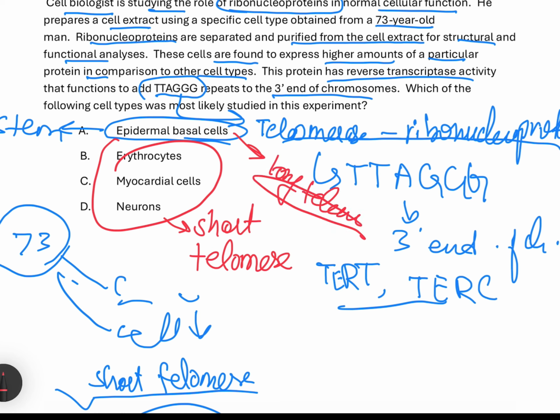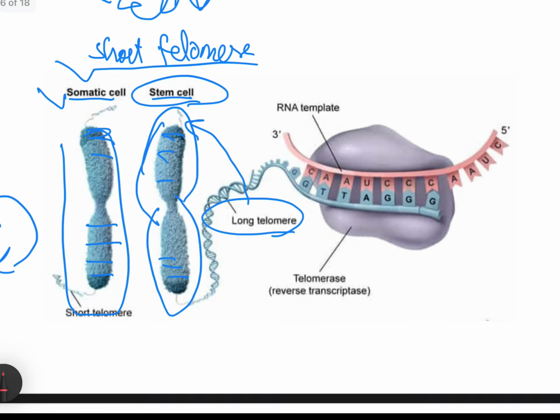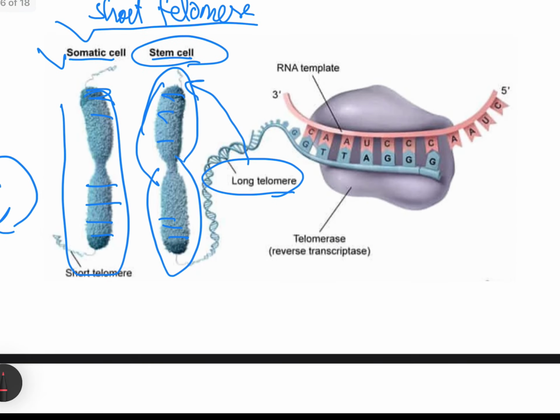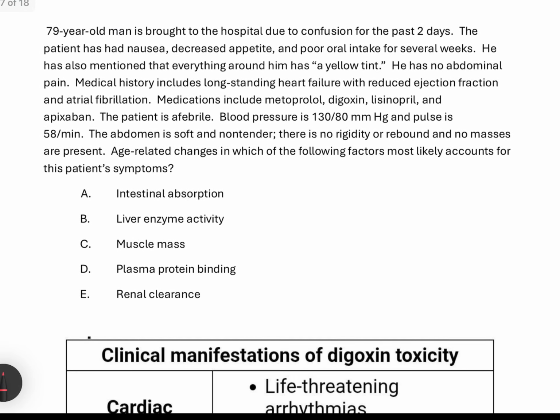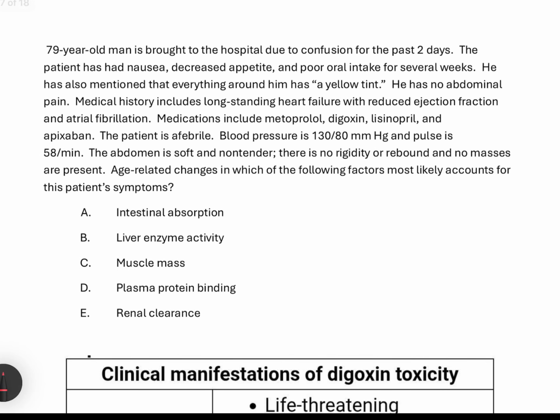Therefore, it produces more protein than others. And this is the same sequence I already told you, TTAGGG. Okay? And this is the enzyme telomerase, that is reverse transcriptase. Now we are moving to the next question.